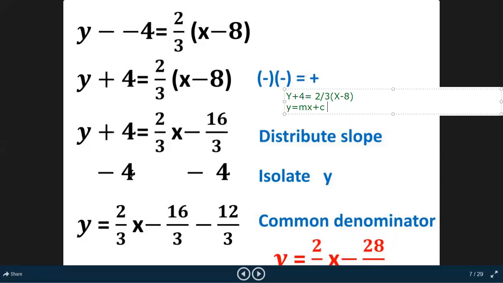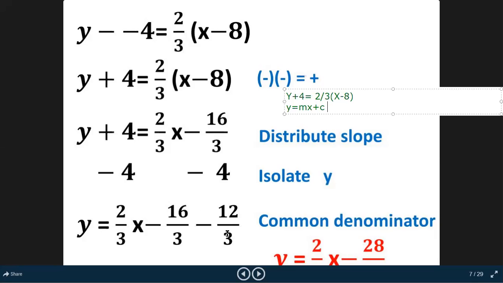So I'm going to add the additive inverse of positive 4 to both sides, which means adding -4 and -4. Then it will be y, because 4 minus 4 equals 0. Then y equals 2 over 3 x minus 16 over 3 minus 12 over 3.